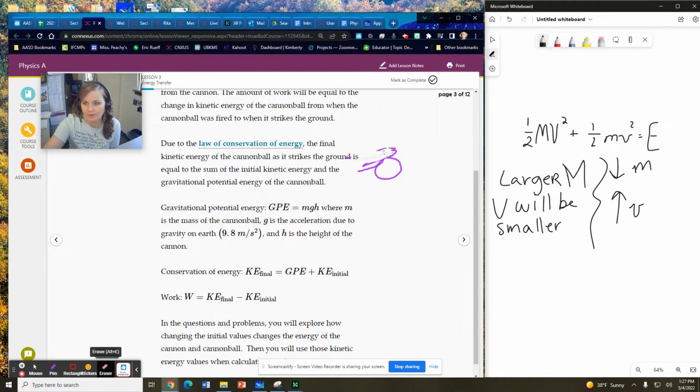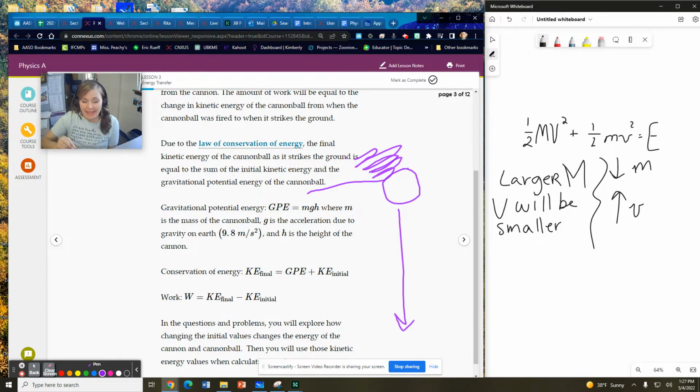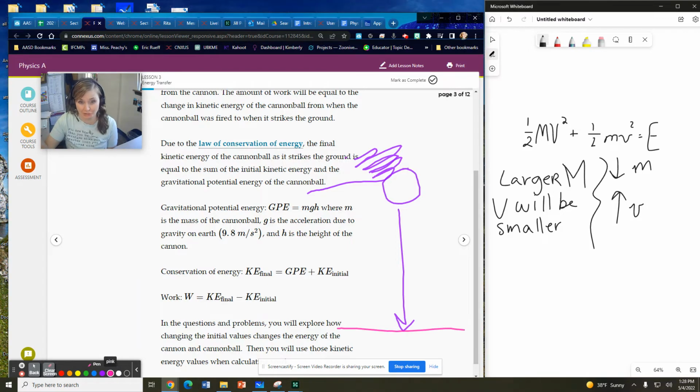I'm just going to go back and try that again. All right. So I'm going to have somebody holding this ball, and we're just going to drop it, and it falls. At some height above the ground, right before you drop it, it has gravitational potential energy, right? Right before it hits the ground, it's at max kinetic energy.